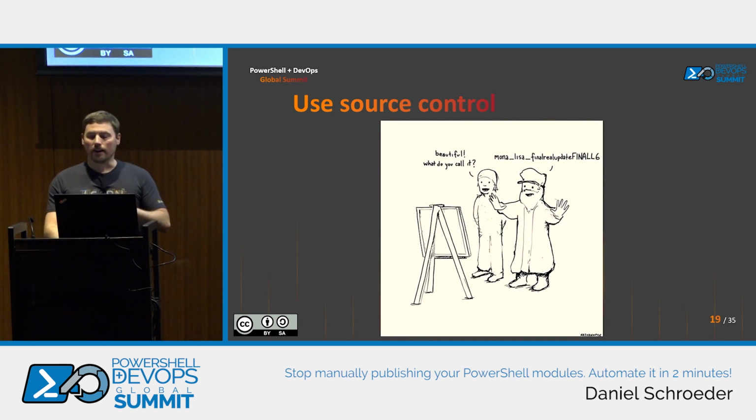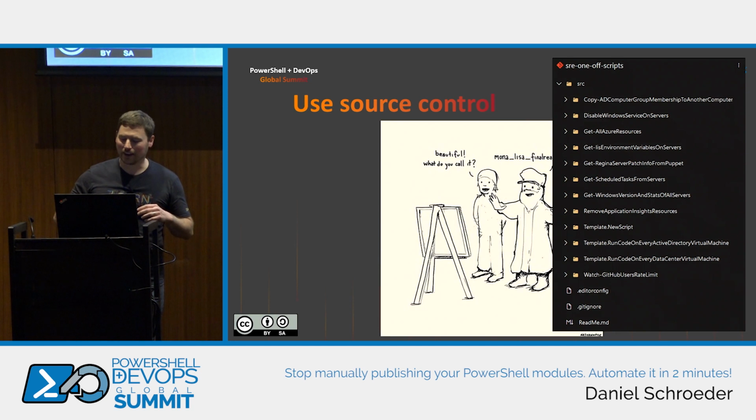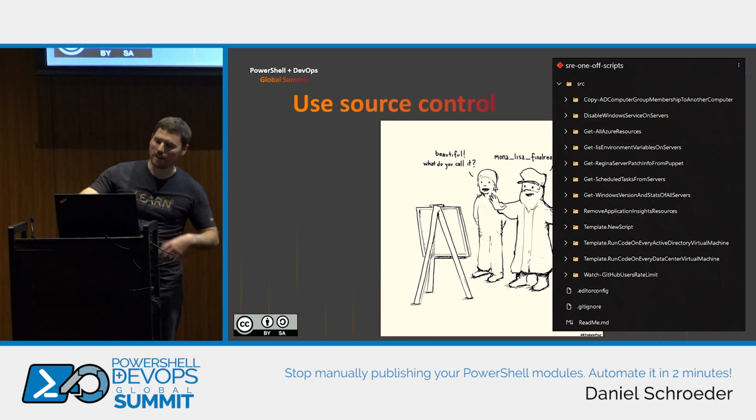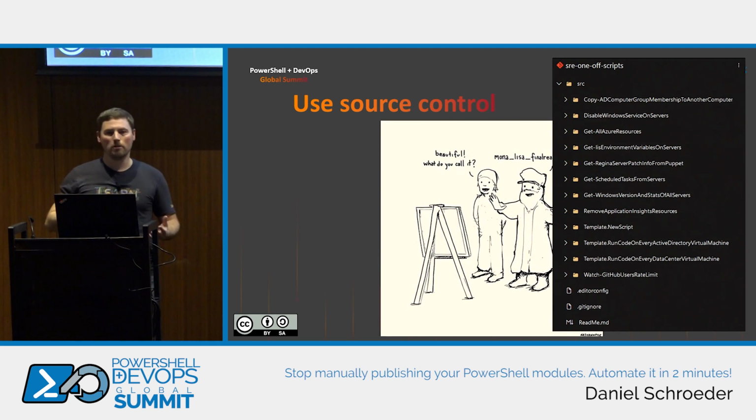And just a quick aside, just from talking to people, a lot of the times their biggest reluctancy to using source control is that it's a lot of extra overhead. I have to go create a new Git repository, add a README, all this stuff, right? But if you're just creating a whole bunch of scripts, even if you're not creating modules, please use source control. You don't need a separate repository for every script you write.